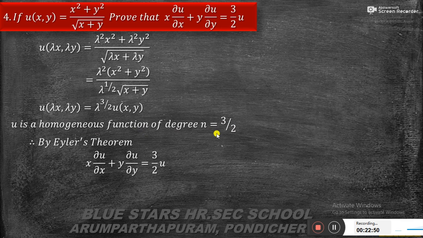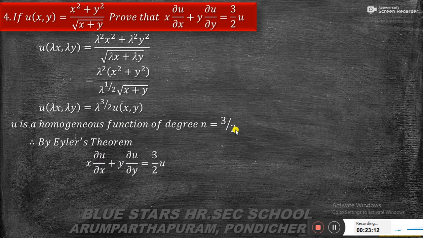So now, homogeneous satisfied means we can take the Euler's theorem. Without satisfying it, we can't take the Euler theorem. Whichever function satisfies the homogeneous condition, only that function satisfies the Euler theorem. So we take the Euler theorem condition, x into ∂u/∂x plus y into ∂u/∂y equal to n u.